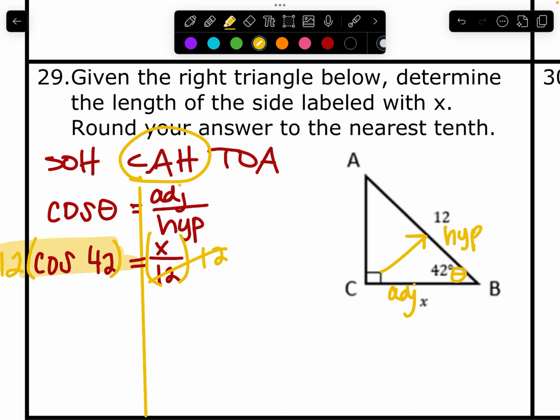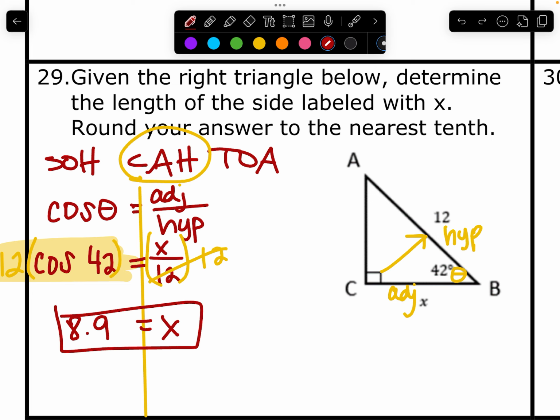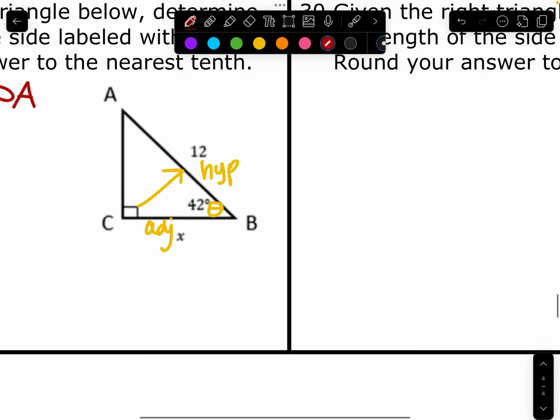And don't forget, your calculator needs to be in degree mode. So once we type that in, let's see, 12 cosine 42, and I'm in degree mode, 8.9. We're rounding to the nearest tenth. Well, shucks, let's try that again. Okay, and number 30, go ahead and try number 30.